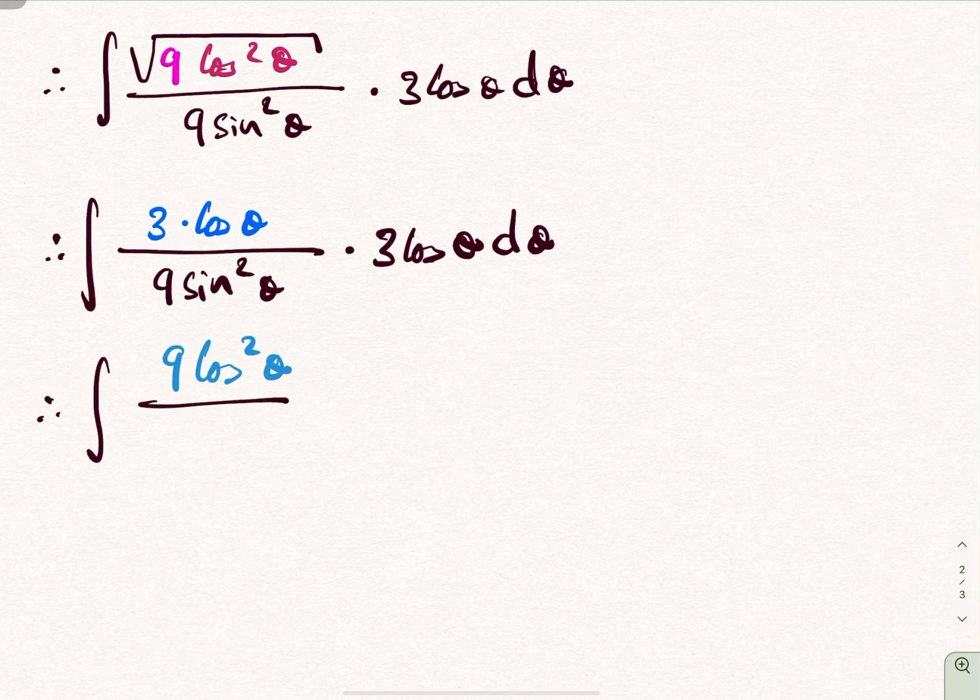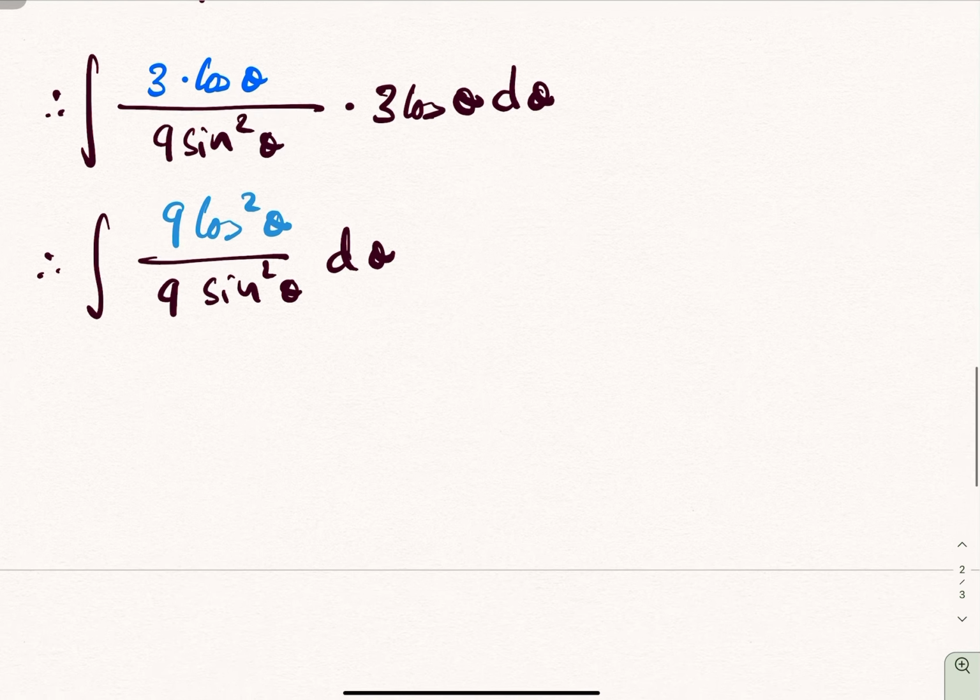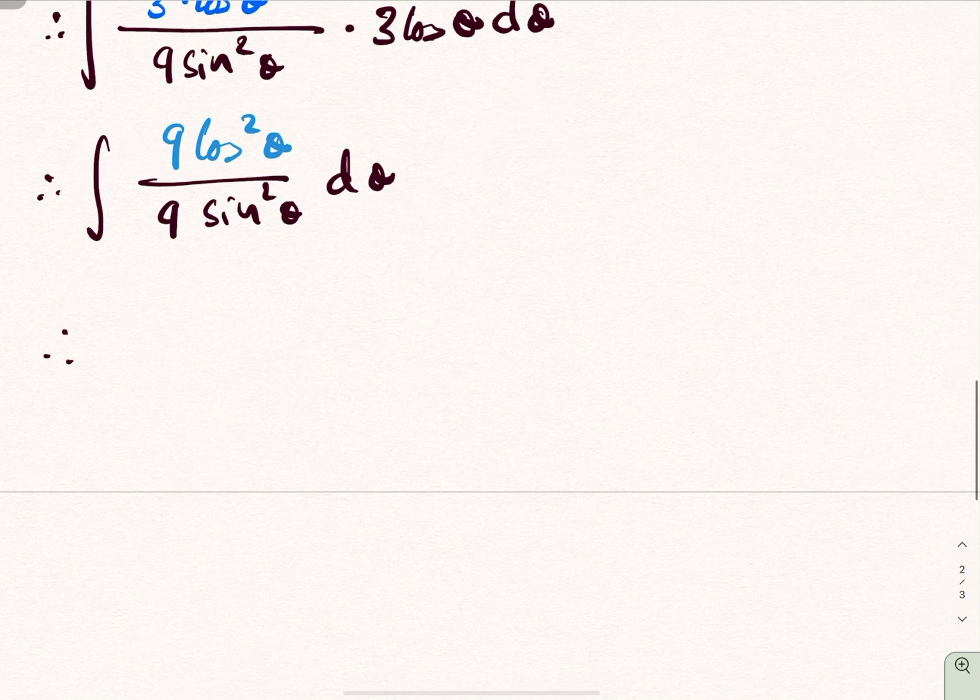You have to divide this by 9 sine squared of theta d theta. If you simplify it nicely, the 9 and the 9 undo each other. So you're left with the integral of what? Cos squared over sine squared. It's primarily like a cot squared. So this is cot squared of theta d theta.